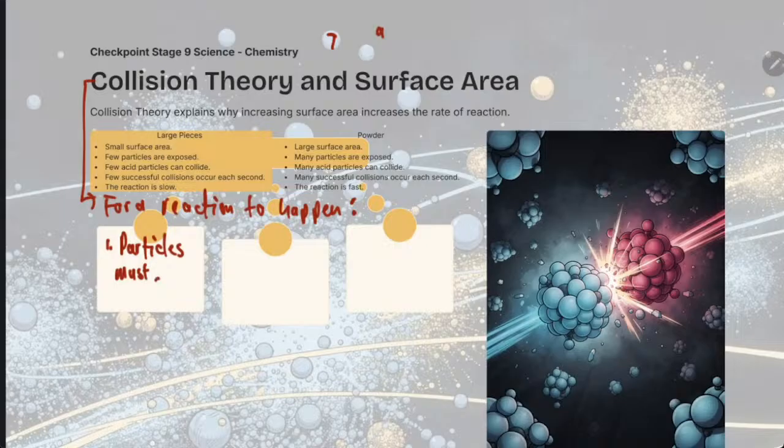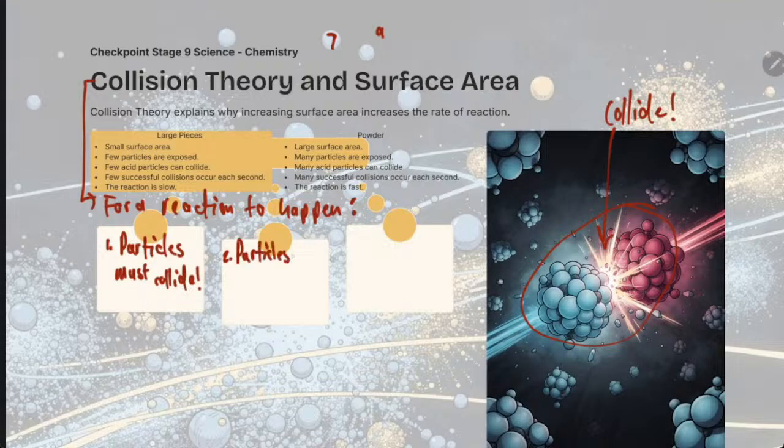Are we together? Particles must do what? Collide. Can you have a reaction before the particles have collided? No. They must first do what? Particles must first do what, class? Particles must collide.